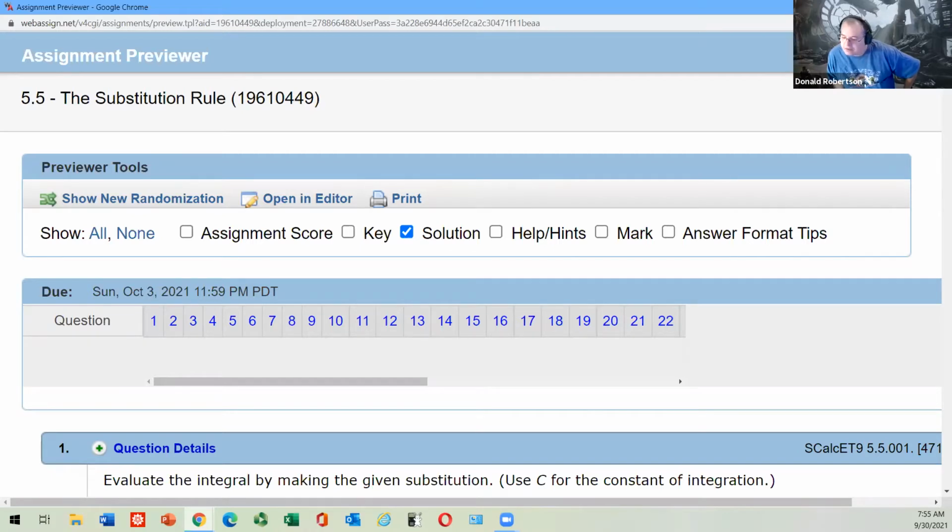You like Calc 2? I do. I mean, so far it's a lot easier than Calc 1. Oh, interesting. What's the difference, do you think? Because I'm using everything I learned in Calc 1, and in Calc 1 I was learning it all.